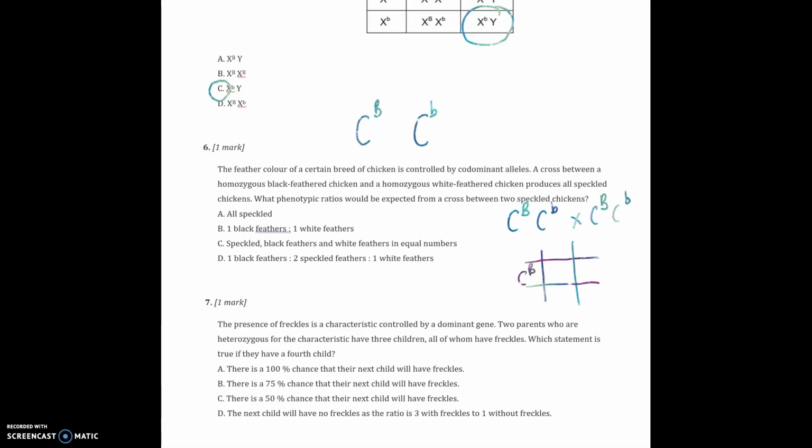So CB, Cb, CB, Cb. So you'd have CBCB, which is black, so we've got one black. It would be CBCb, CBCb, so that's 2 speckled, and then CbCb, so that's 1 white, and so the answer to 6 is D.